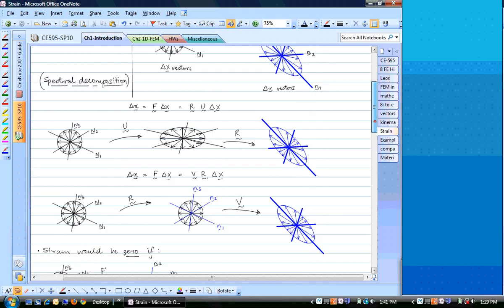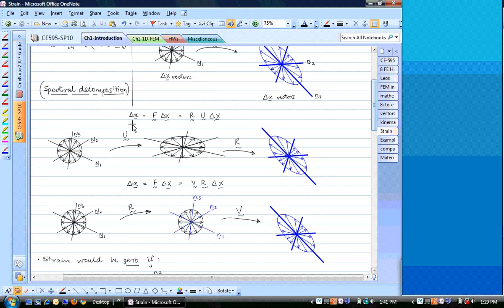Another way to interpret this polar decomposition theorem is like this. We know this relationship right here: small delta x is F applied on big delta x. You take any big delta x vector, it goes to a small delta x vector. This can be written as R times U times delta x.